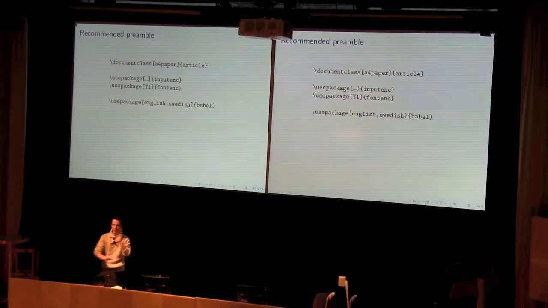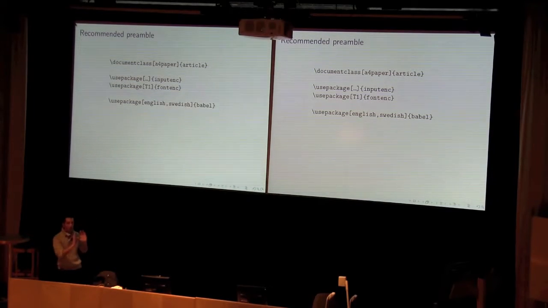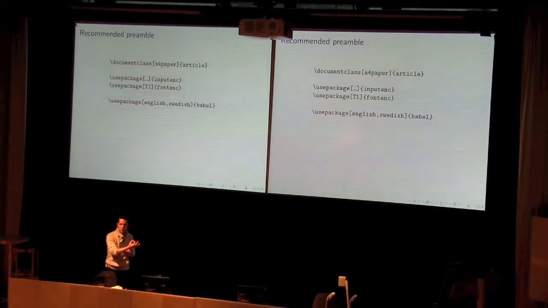Okay, I restart. You have seen that when you want to put an umlaut on an O, this kind of character that is used in German and is not on your keyboard, you have to use backslash, the double quotation mark, and the O, maybe in curly braces.